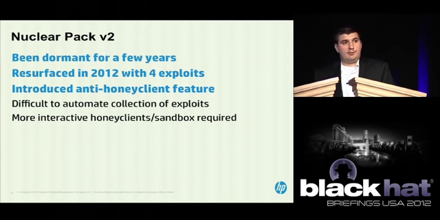They actually use mouse movement as a sign of a human using the web browser. Normal web crawlers are not going to do that. Sandboxes are similar, honeyclients as well. So to detect it, you need more interactive things.